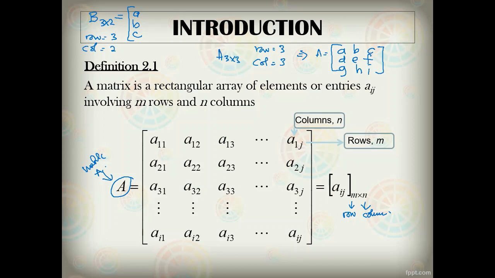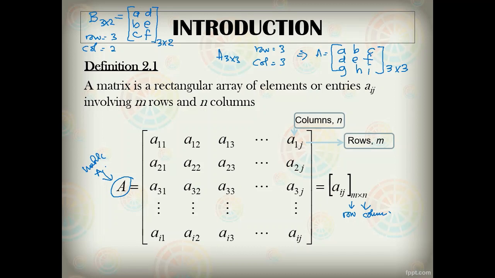I put D, E, F. So we have 3 rows, 2 columns, so this is 3 by 2. This is 3 rows, 3 columns, so this matrix A is 3 by 3. That is how we name the matrix.